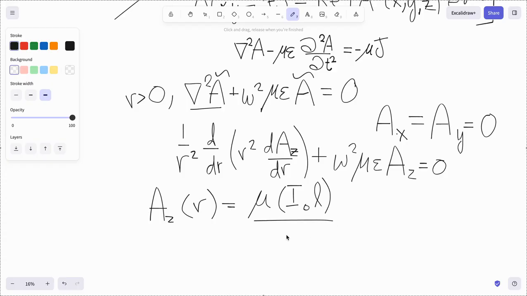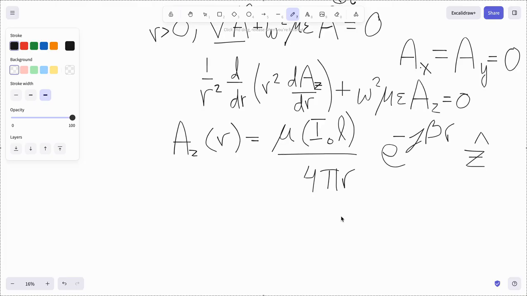If we solve this differential equation, we get mu I delta over 4 pi r times e to the minus j beta r, in the z direction.